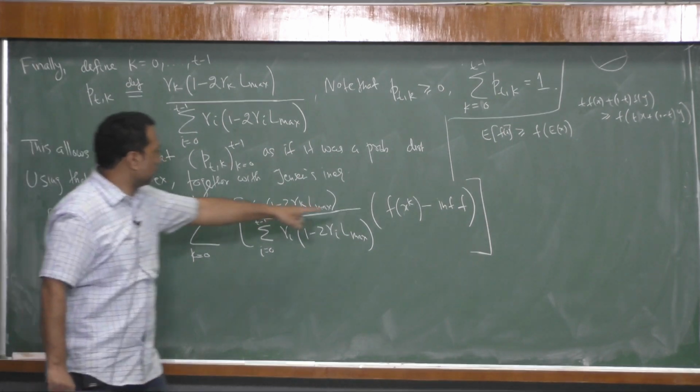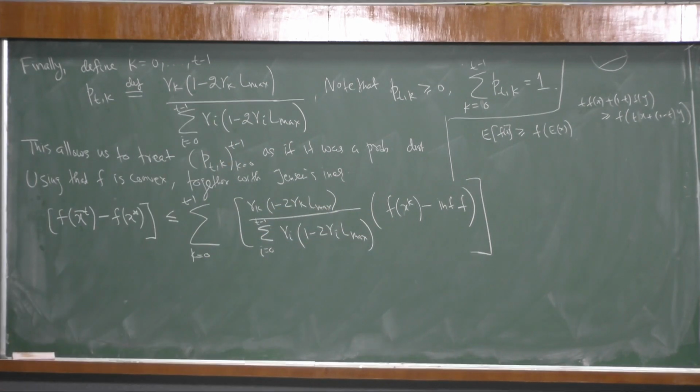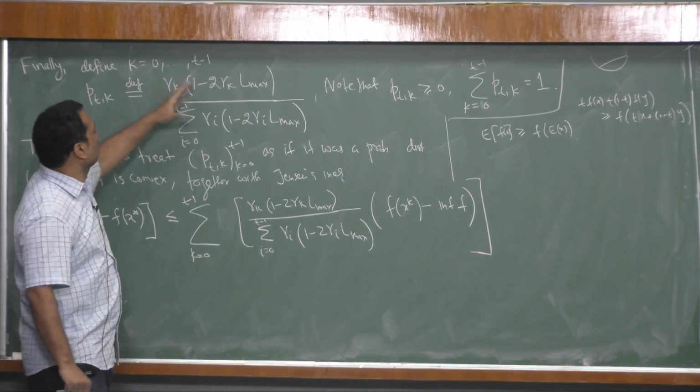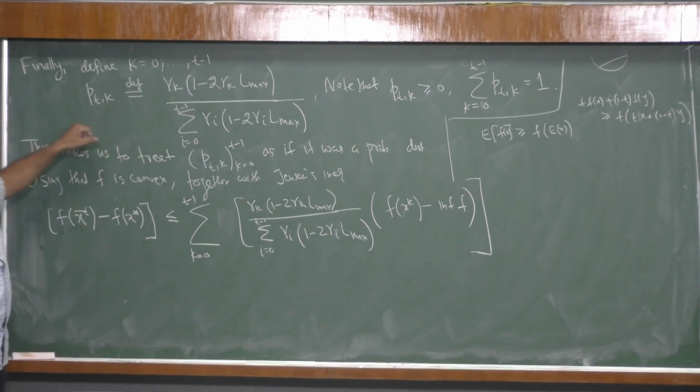This p k is with this guy also, right? That's p k f of x k and the infimum. The other term, the infimum, anyway doesn't matter. Agree. So this is like a convex combination of these.